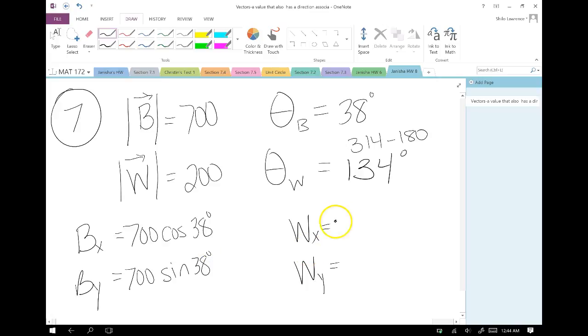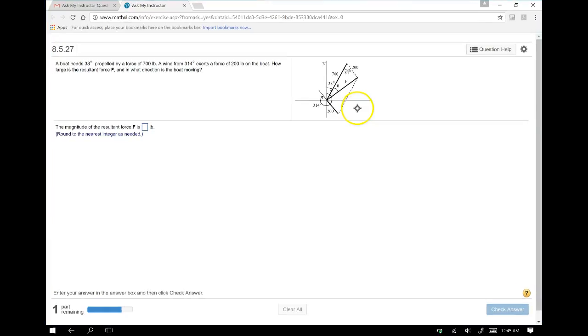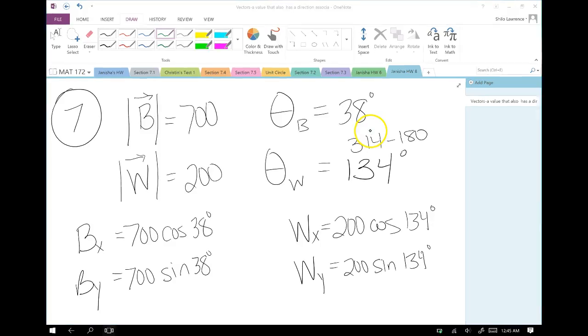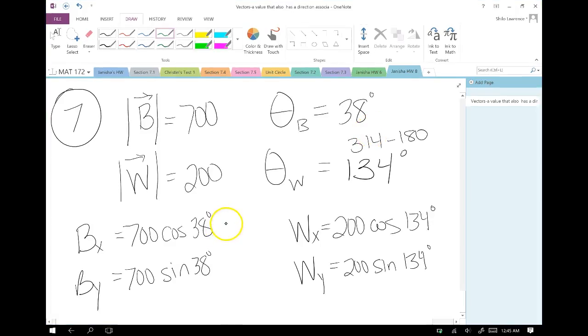W has a magnitude of 200, so 200 cosine 134, 200 sine 134. And we're just going to type these into the calculator. They want us to round to the nearest integer in our final answer. So I'm going to keep a couple more than that here when I do my work. So I'm going to keep 2 decimals right now.